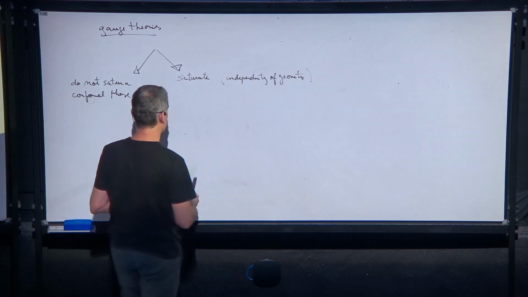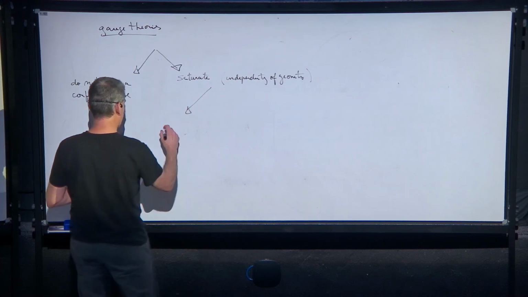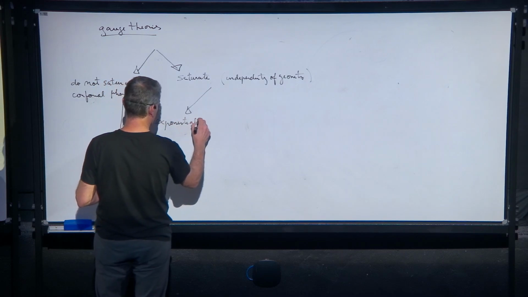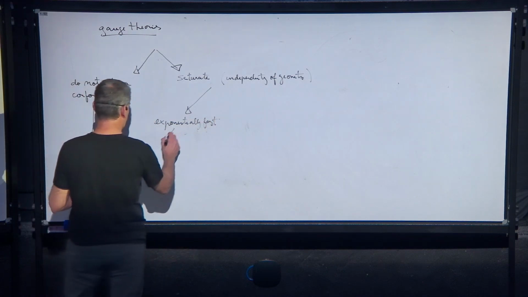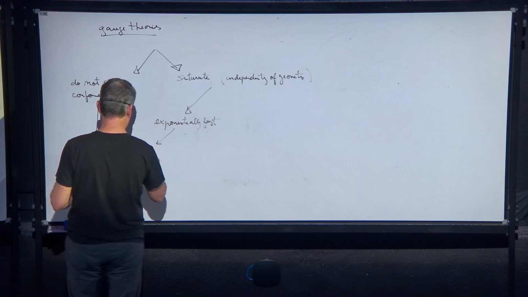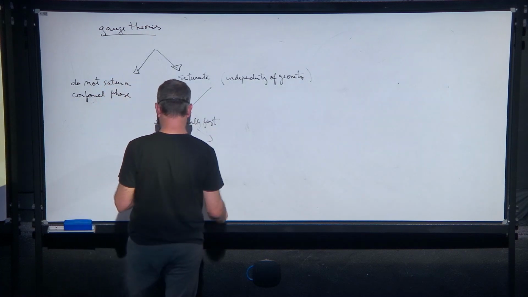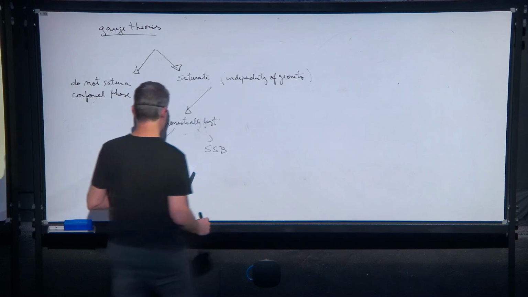And we still have two possibilities. One is exponentially fast. These are the usual cases of confinement and spontaneous symmetry breaking.